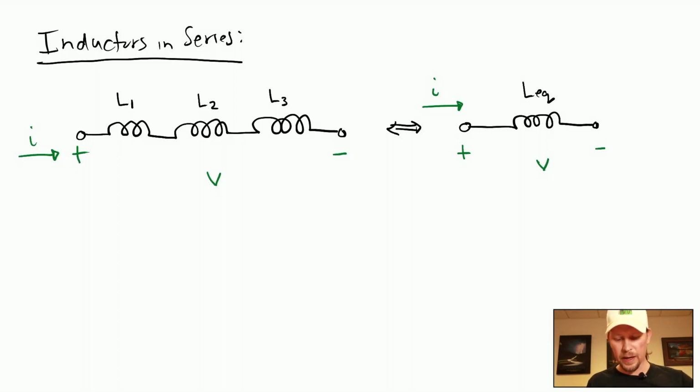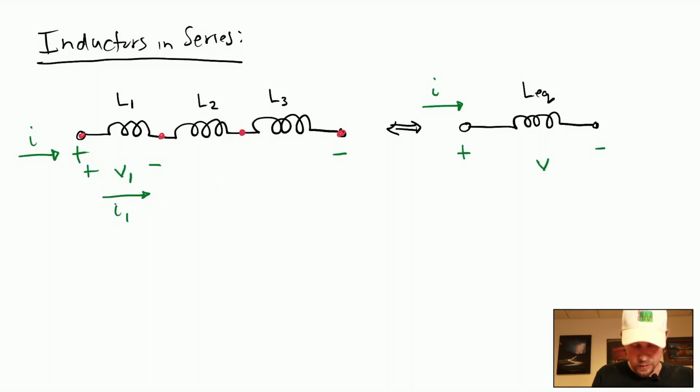Now that I have those inductors on the circuit on the left defined, notice that I can identify some nodes here. There's a total of 4 nodes there. And I can also define voltages and currents for each one of those inductors. So across the inductor L1, there's a voltage V1 and there's a corresponding current I1 flowing through it.